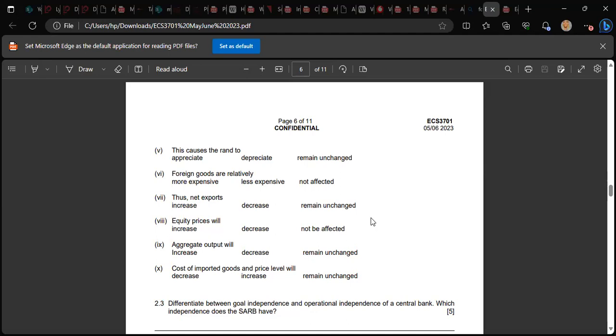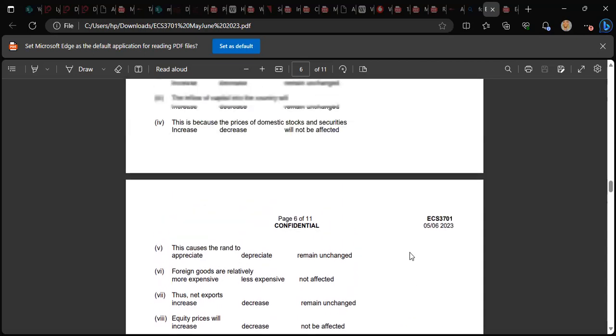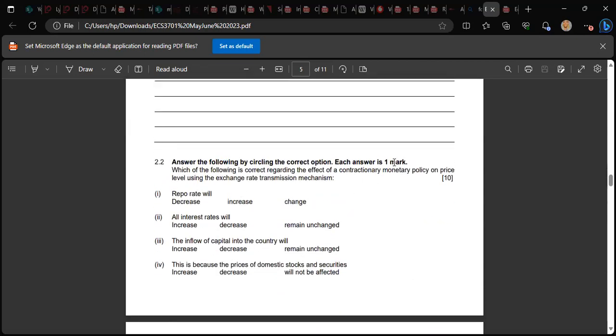Sorry about that, I think I got slightly kicked out. All right, so I was still saying, we look at what's happening on the foreign goods. The foreign goods have become less expensive, hence the cost of imported goods has decreased, and hence the price level has decreased. As we are going to see much later, we are looking at the effects of a contractionary monetary policy through the exchange rate transmission mechanism.